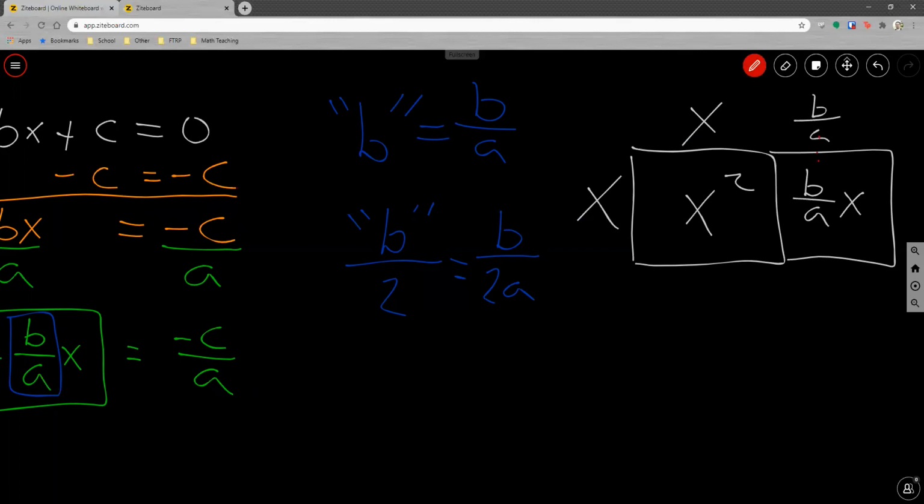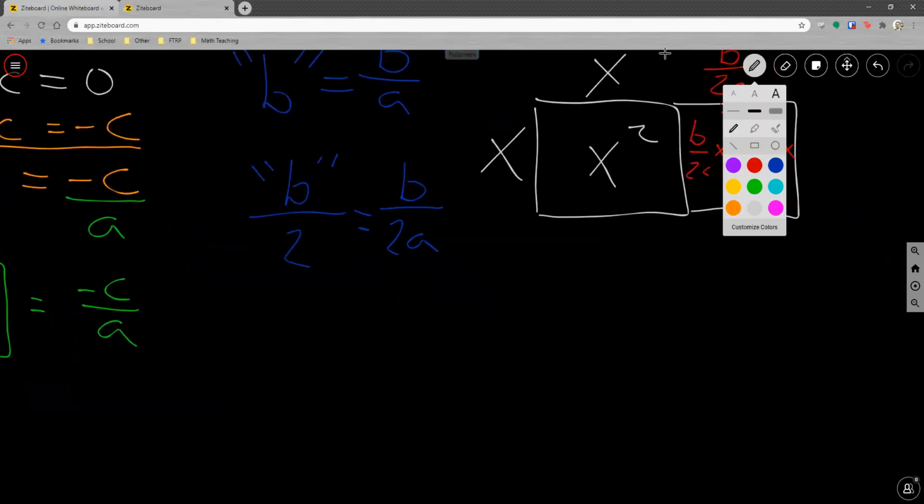Graphically, what I'm doing is just cutting this rectangle in half on the right. So instead of b over a times x, I've got b over 2a times x and b over 2a times x, and up here becomes b over 2a. Now graphically, I'm going to tear off this far right piece, like I've cut it off.